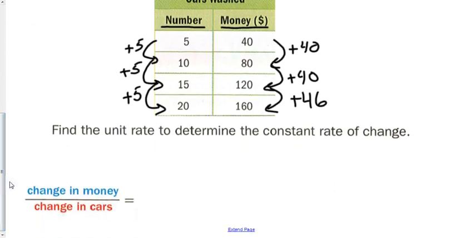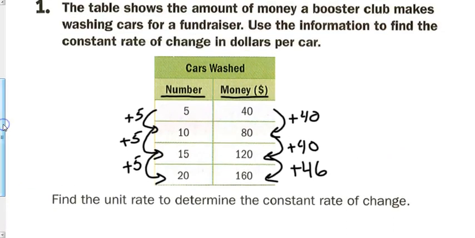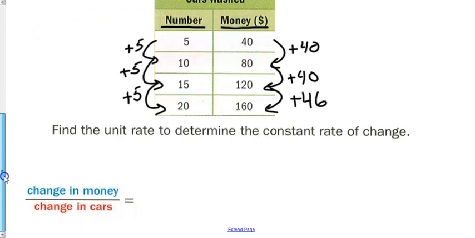Okay, so we're going to use the unit rate to determine the constant rate of change. So remember, up above, it said the rate of change in dollars per car. So we're going to look at change in money over change in cars. So our change in money was $40 each time. And I just realized I have a 6 written there, so that should be a 40. So we have $40 was the change in money. The change in cars was 5 cars every single time.